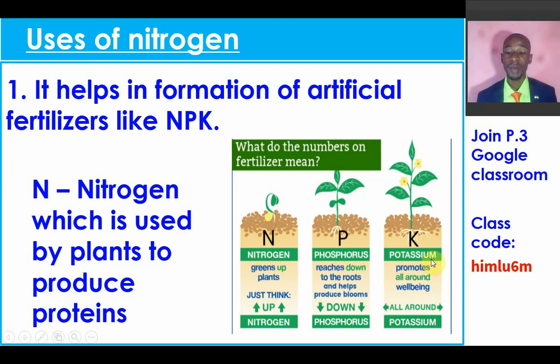These terms are more of an advanced level which we have not yet reached, but my concern today is nitrogen. Let us leave these other ones. We shall learn about them in chemistry when we get to secondary. So nitrogen helps in formation of artificial fertilizers.